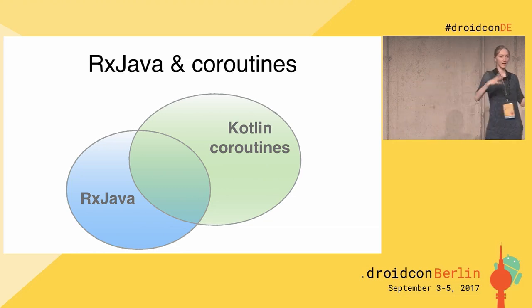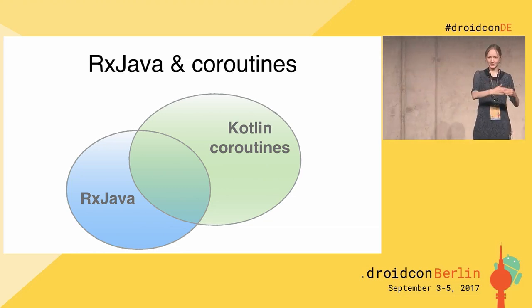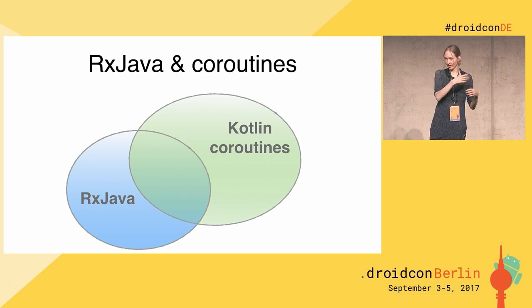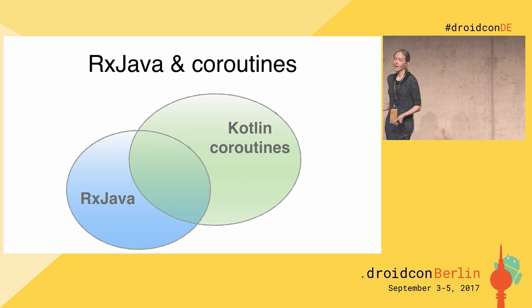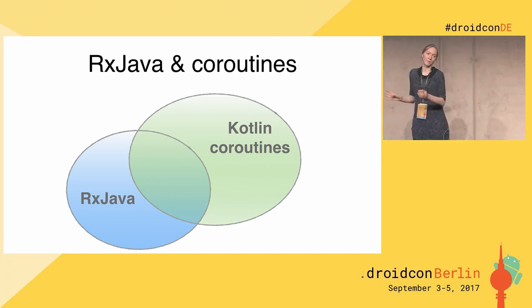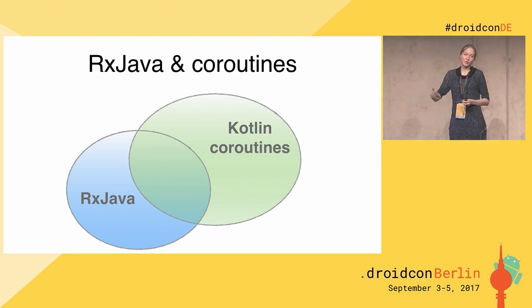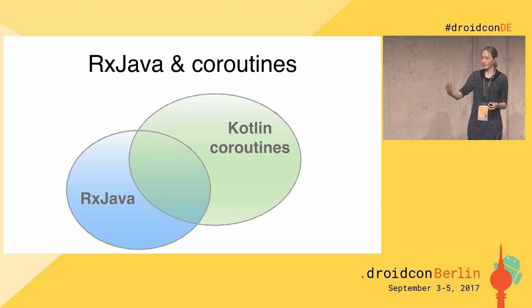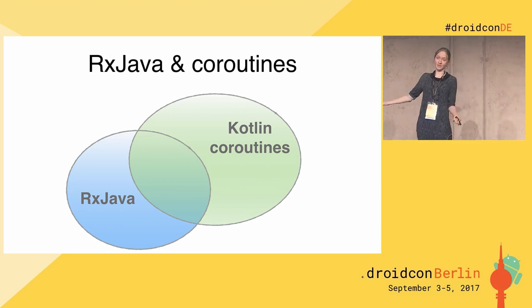There are a great number of tasks where RxJava really solves the problem. It provides you a great way to manipulate observables, to respond to the changes that happen somewhere. But there is also a really big pile of tasks where you just want some consecutive business logic. In this case, it's probably more intuitive to use the direct style of programming with coroutines. Coroutines won't block your thread, and you can use them directly.